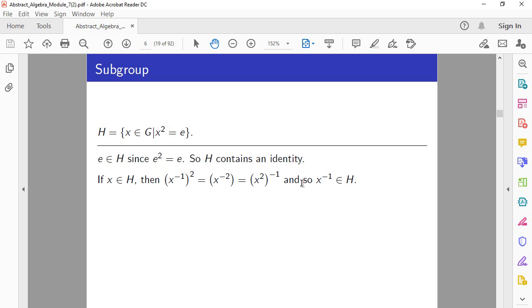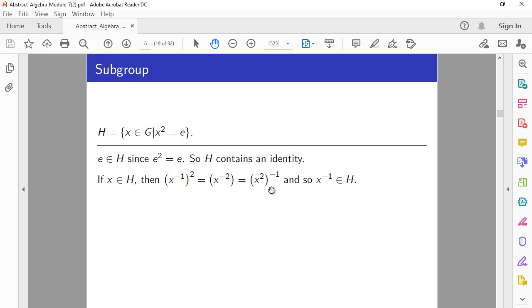Next, we want to show that the inverse of every element of H is in H. So let's say that x is in H. Then if I take the square of x inverse, that's the same as x to the negative 2, which in turn is the same as x squared to the power negative 1. Because x is in H, we know that x squared is the identity, but the inverse of the identity is also the identity.